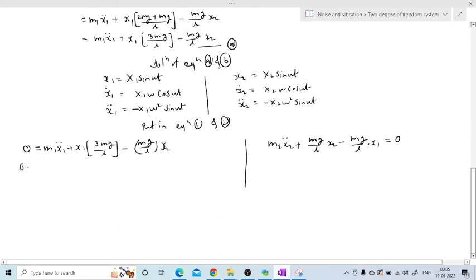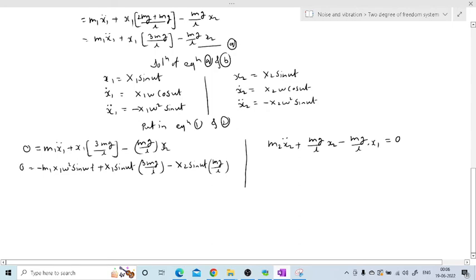So this will become 0 is equal to m1, value of x1 double dot is minus x1 omega square sine omega t, plus put the value of x1 sine omega t, 3 mg divided by L, minus put the value of x2 sine omega t, mg by L. Okay, so I have written the value of x1, x2 and x1 double dot.